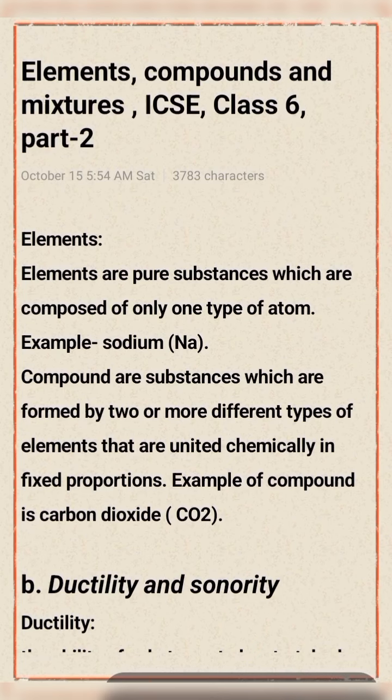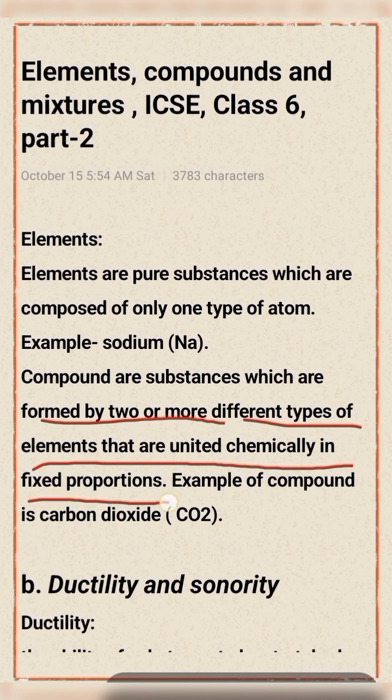But compounds are substances which are formed by two or more different types of elements that are united chemically in a fixed proportion. Example for compound is carbon dioxide, the formula of carbon dioxide, CO2.